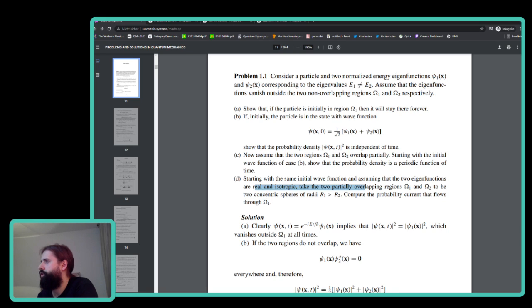Take the two partially overlapping regions to be two concentric spheres. Compute the probability current that flows through omega 1. Maybe that is what allows us to do things in terms of R, right? Because they are isotropic, so it doesn't matter where you are.